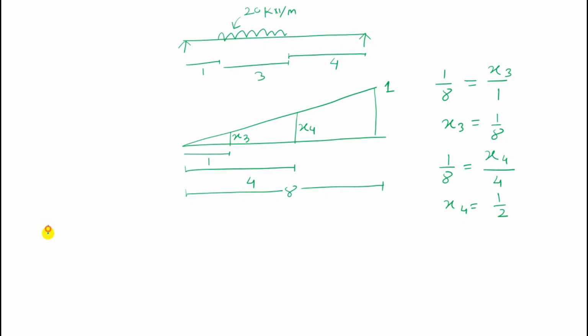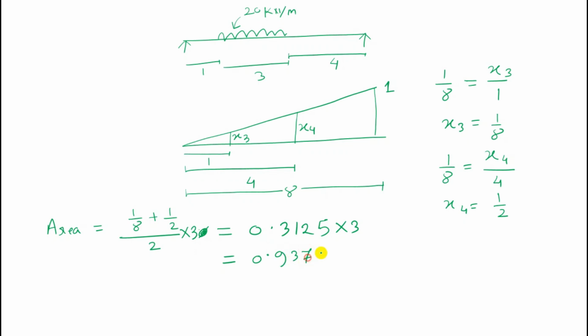So we can calculate the area. 1 by 8 plus 1 by 2 divided by 2. So that is 0.3125 multiplied by 3. That is 0.9375.